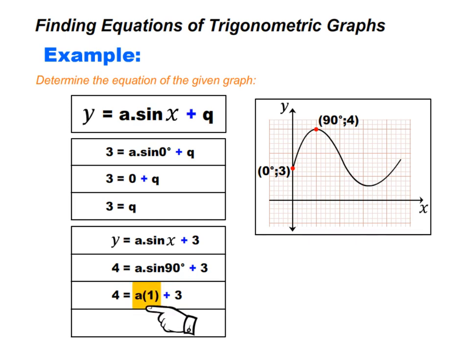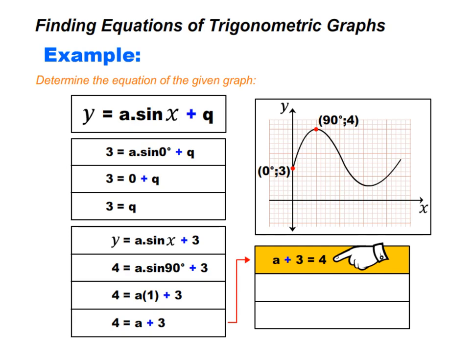A multiplied by 1 is equal to a. So far we have 4 is equal to a plus 3. Let us quickly rearrange the equation. 4 is equal to a plus 3 will now become a plus 3 is equal to 4.